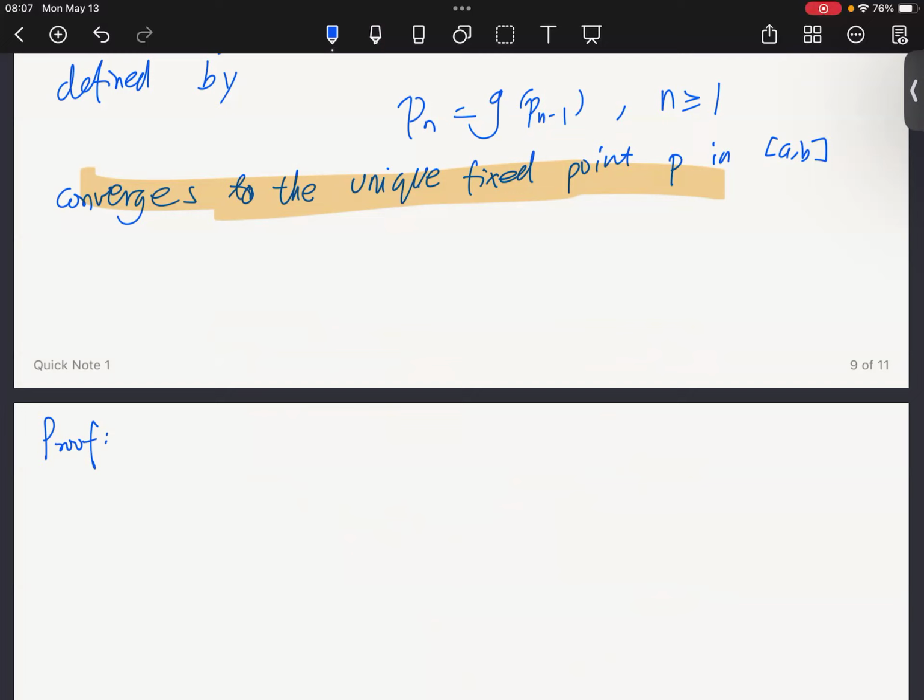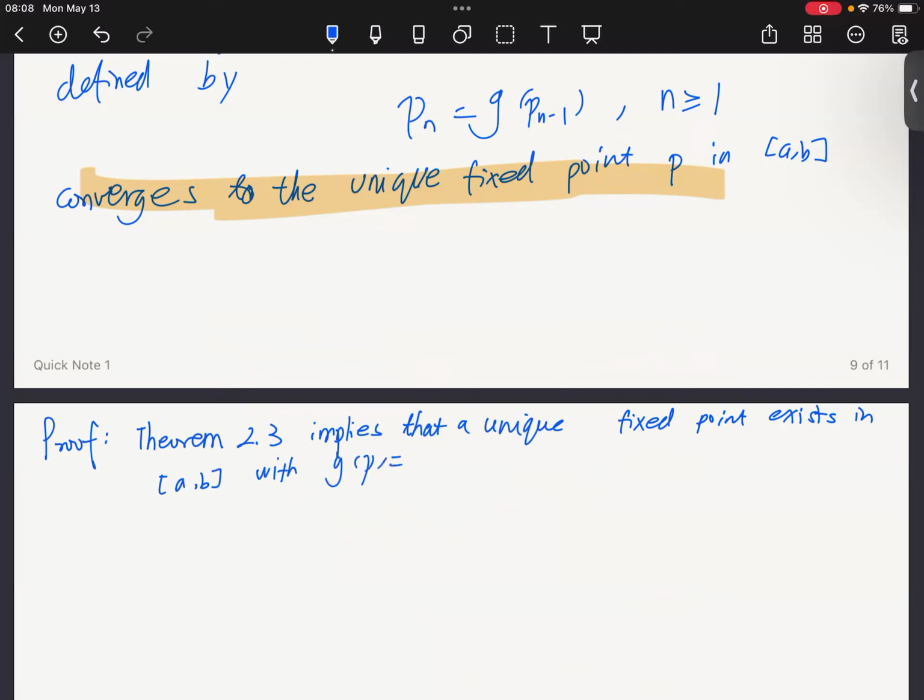So from theorem 2.3, which already gives the uniqueness and existence, it implies that a unique fixed point exists in the interval AB with g(p) equals p.